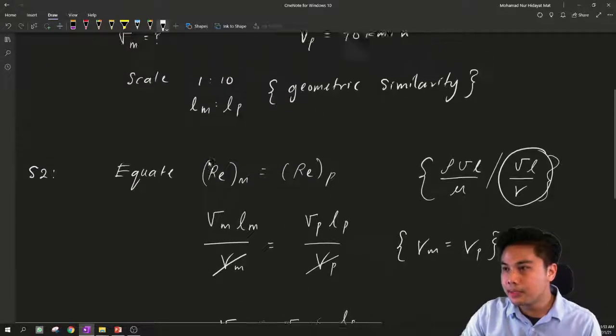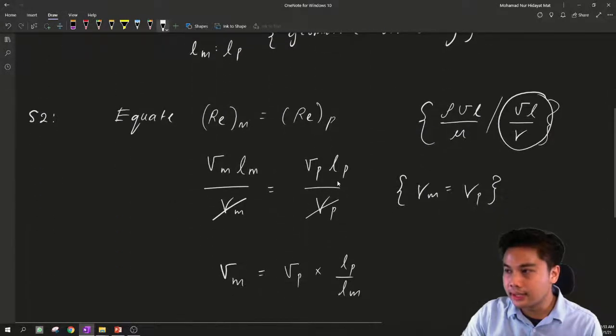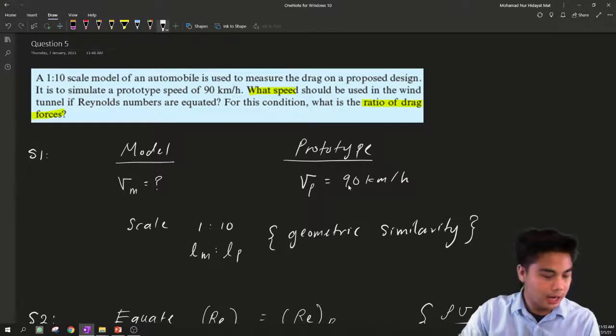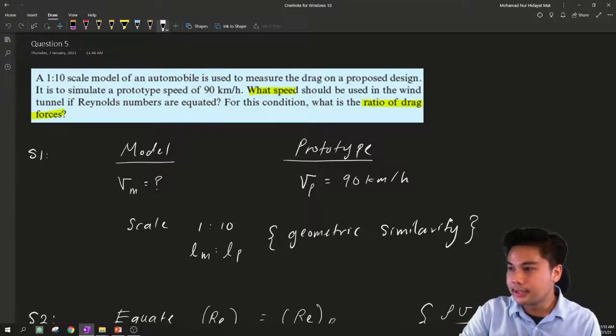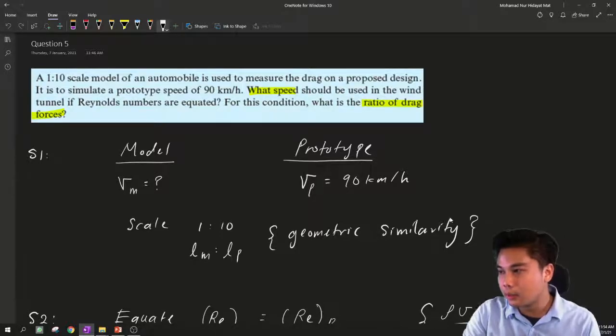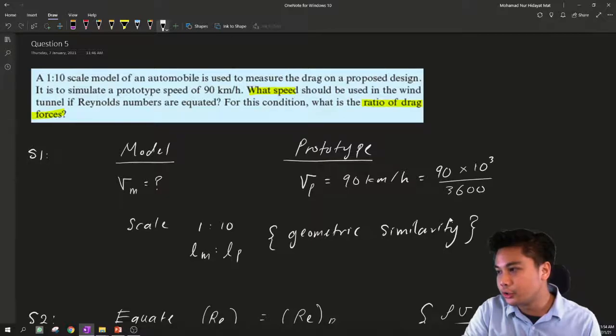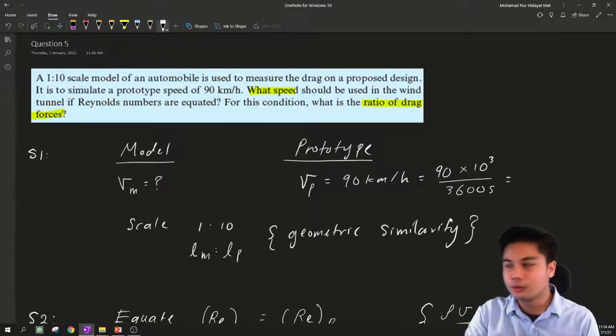Vp is given to be 90 km per hour, so we need to convert this into SI unit. 90 km per hour multiplied by 10 to the power of 3 over 3600 seconds, and you will find the answer to be 25 meters per second.